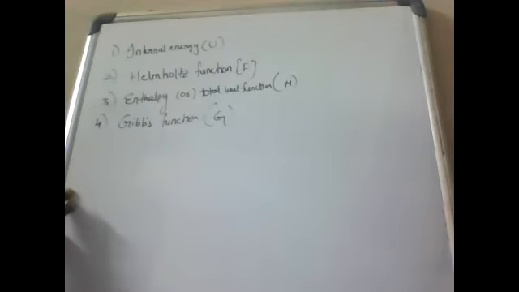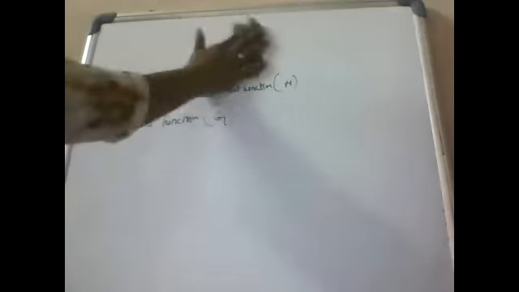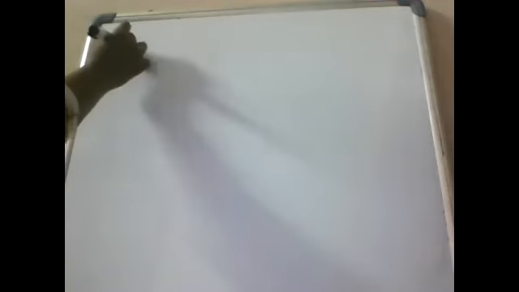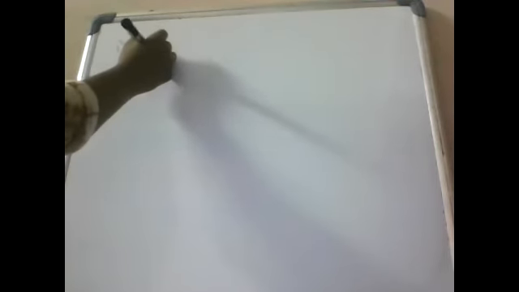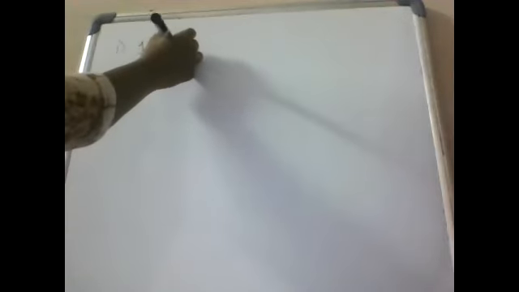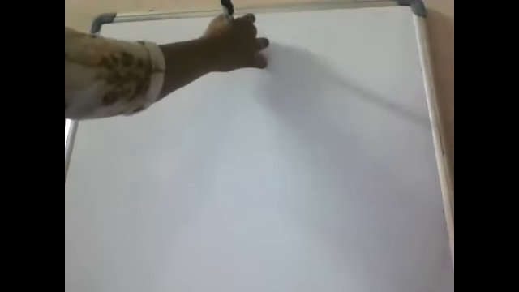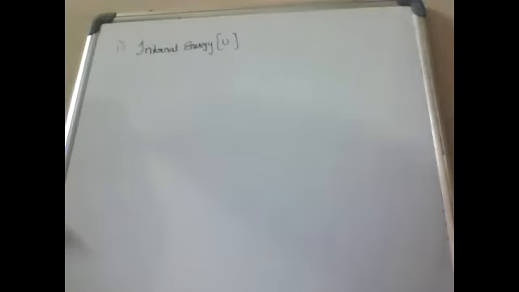From these thermodynamic potentials, we can write the Maxwell equations. First, internal energy, represented with the letter U. The internal energy U of the system is the energy which it possesses due to its molecular constitution and motion.